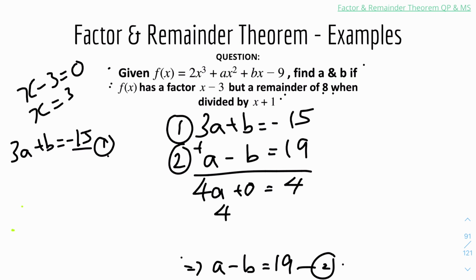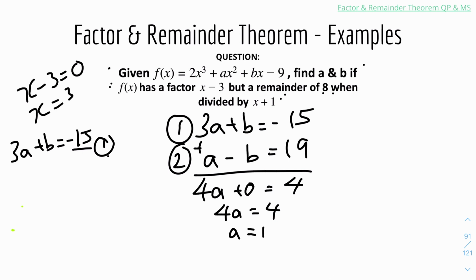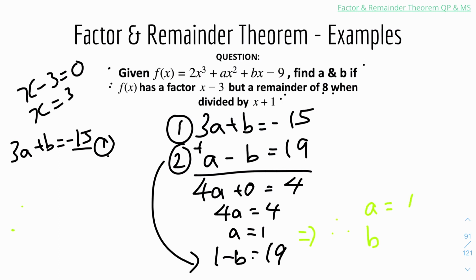So it's basically 4a equals 4 and a equals 1. So now you have what a is. You can just put it into the second equation to get 1 minus b equals 19, and just minus both sides by 19 and plus both sides by b to get what b is. Therefore, a is 1 and b is minus 18, and these are the final values.